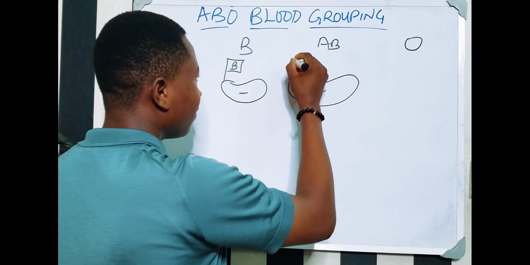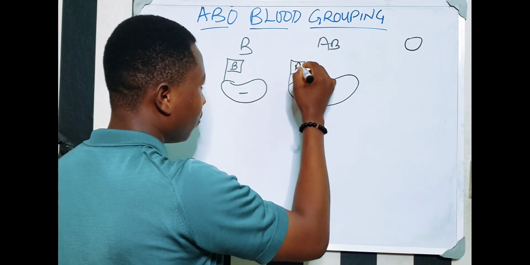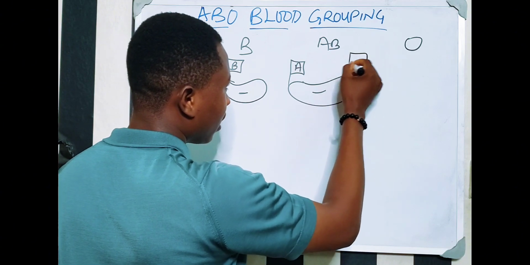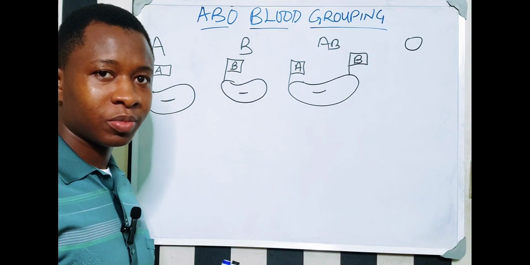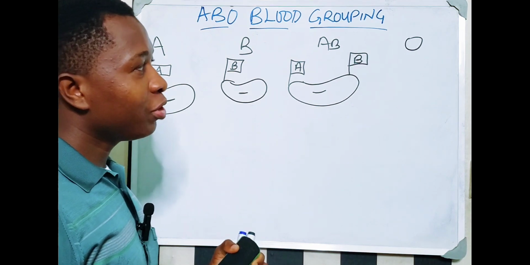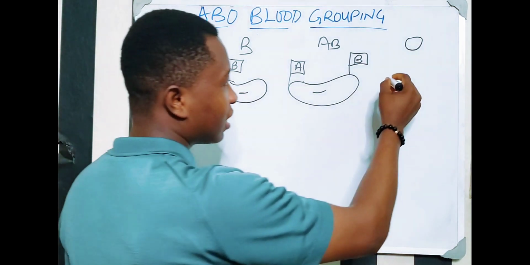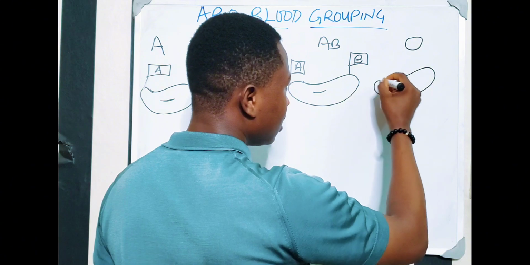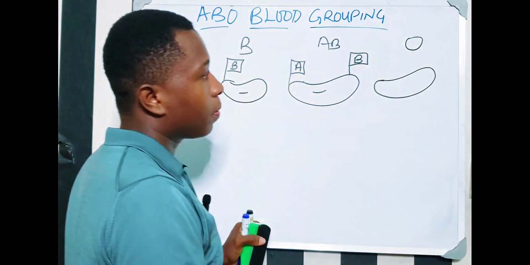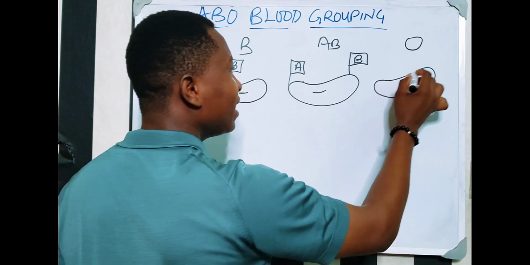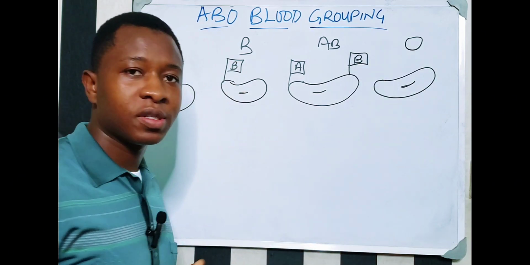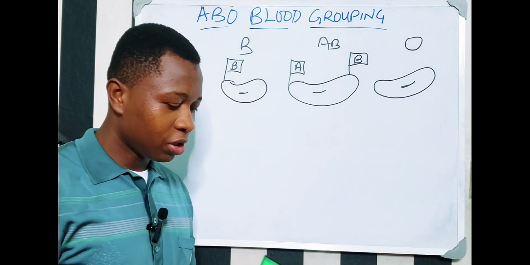So this has a flag saying I am blood group A, and also B on the same blood. Now, what is more unique is the blood group O, because it is just an empty blood cell. It doesn't have the antigen on its surface.